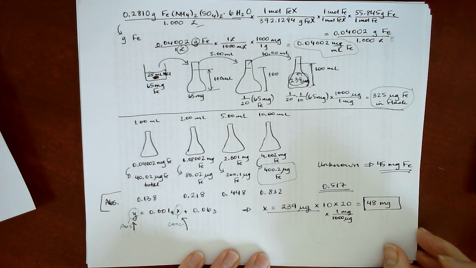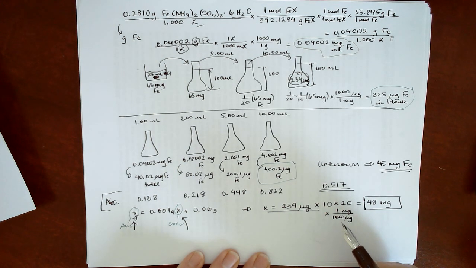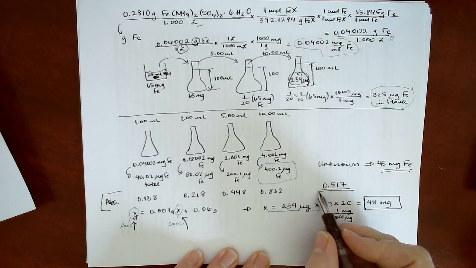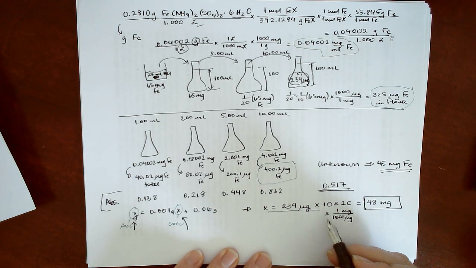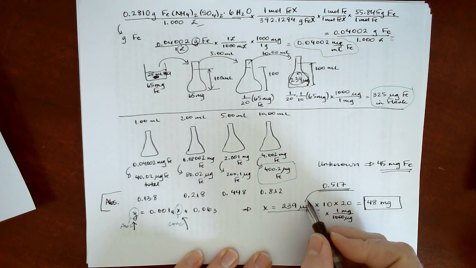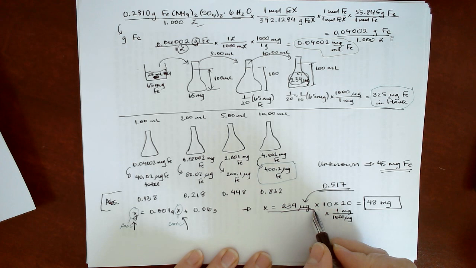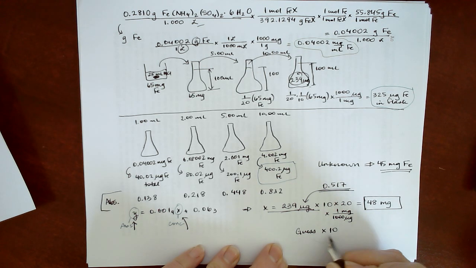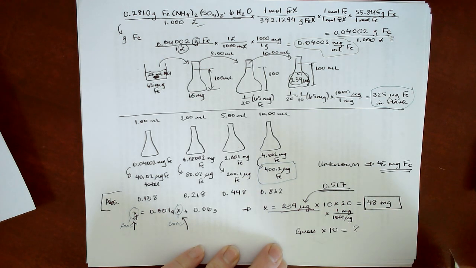I know there were a couple of people who had unexpectedly dilute samples, so you should still use your actual absorbance. But what you can do is you can try using that actual absorbance and then getting your answer, and then you can guess that maybe I diluted this an extra time, and so try doing an extra times 10 and see how that goes.